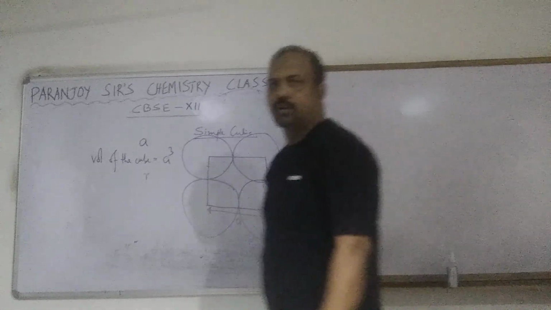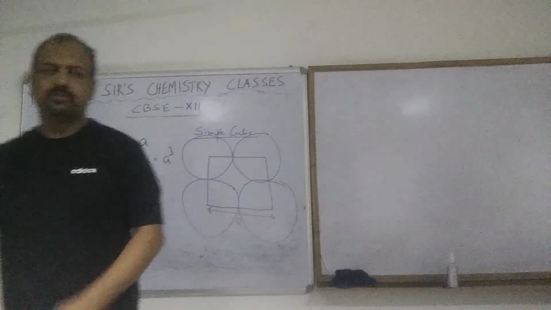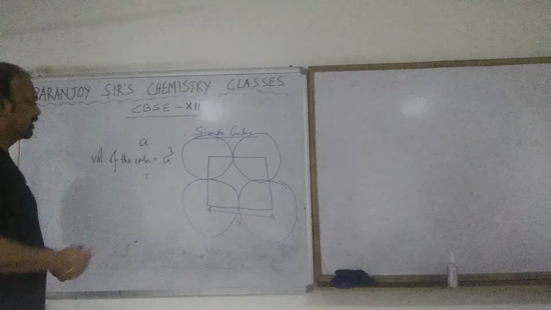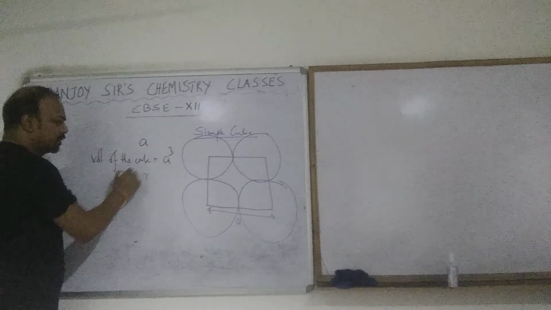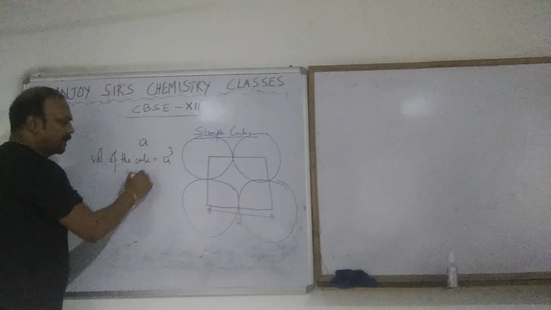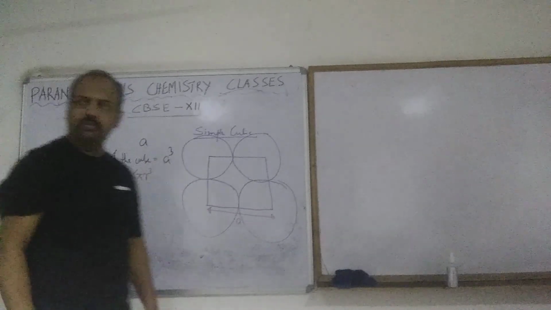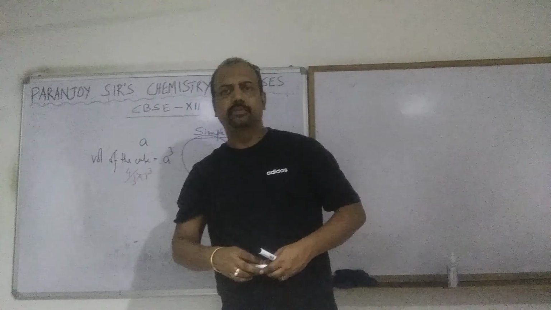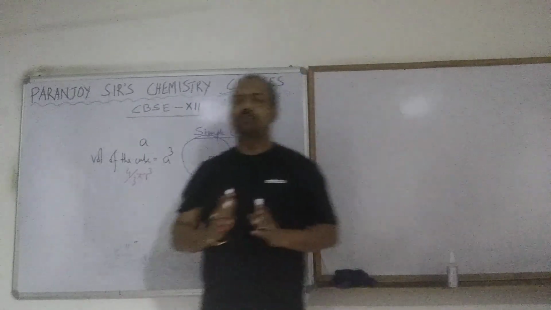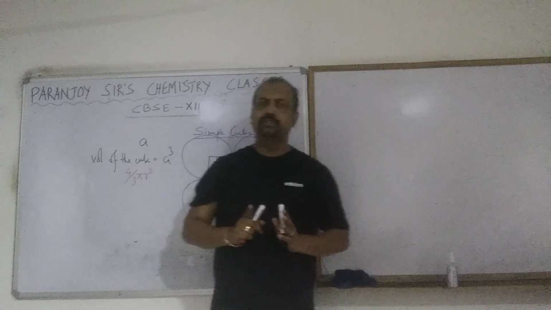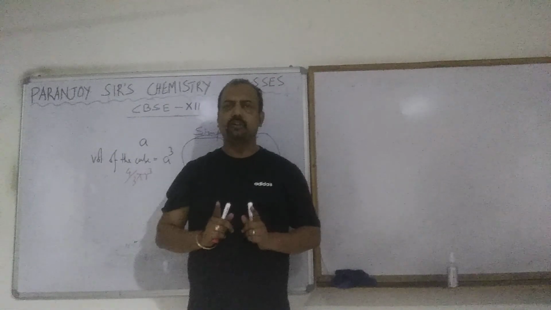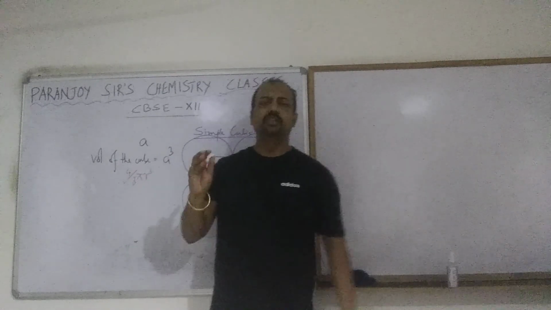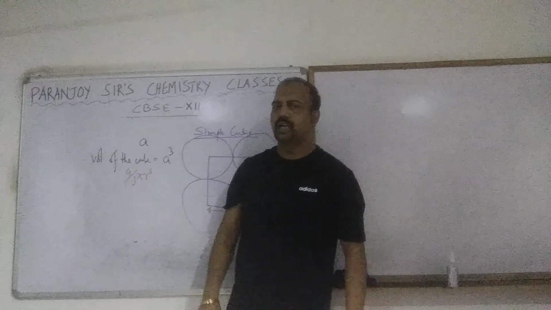Therefore, volume of the sphere is how much? 4/3 pi r cube. Yes or not? Volume of the sphere is 4/3 pi r cube. Any doubt till now? No. Okay. So volume of the sphere is 4/3 pi r cube.